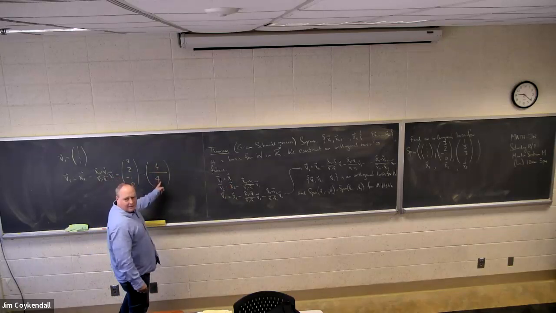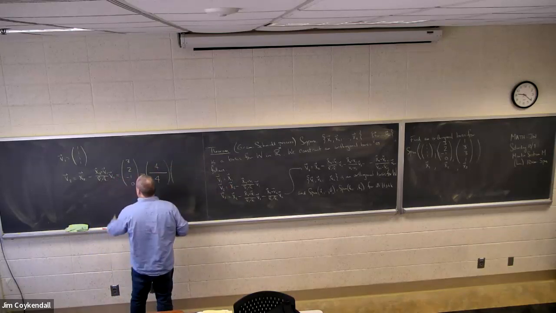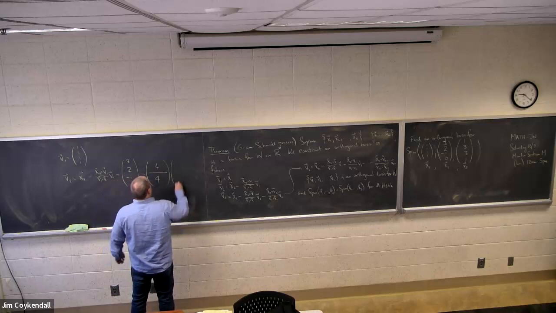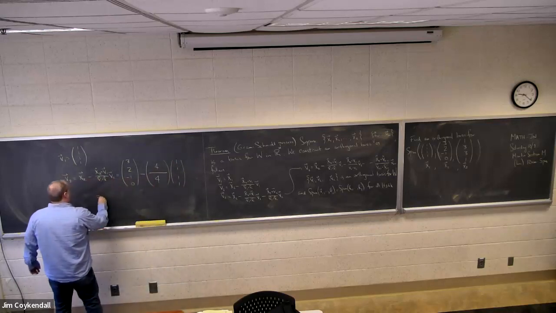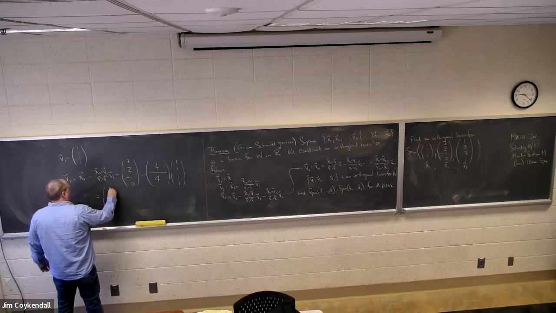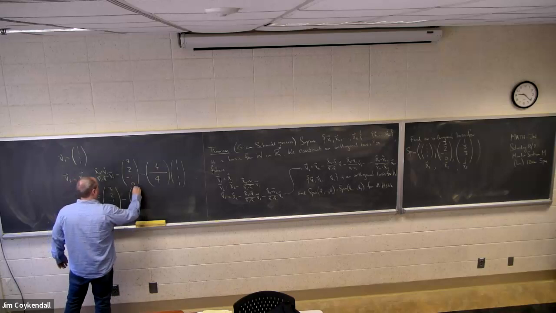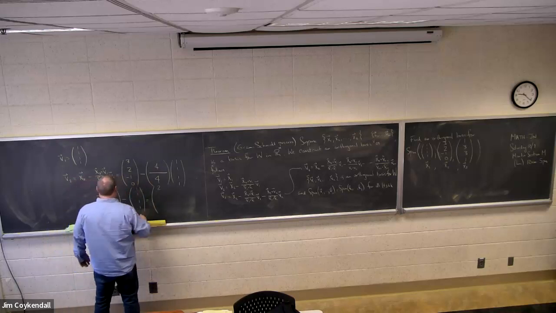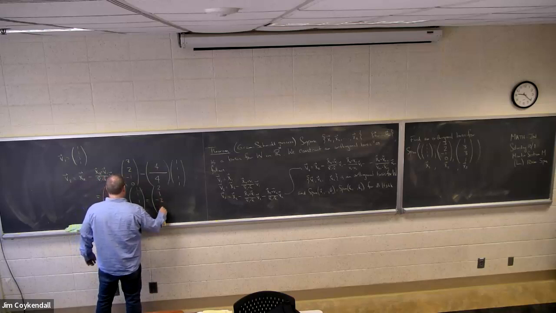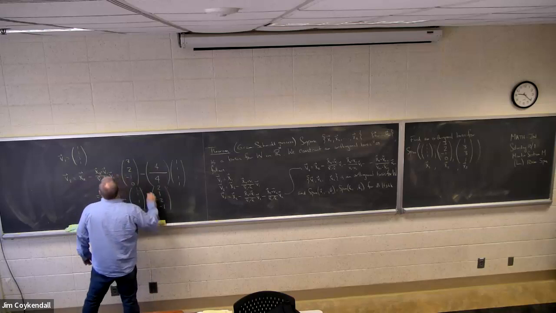I like that, right? And V1 is 1, 1, 1, 1. So this is 3, 2, minus 1, 0, minus 1, 1, 1, 1. So I get 2, 1, minus 2, minus 1.